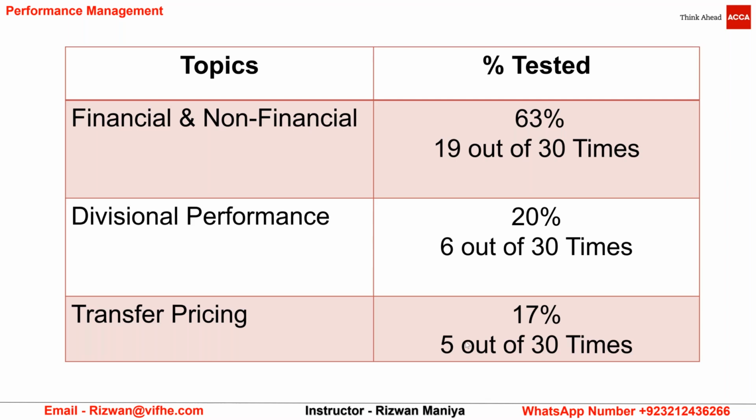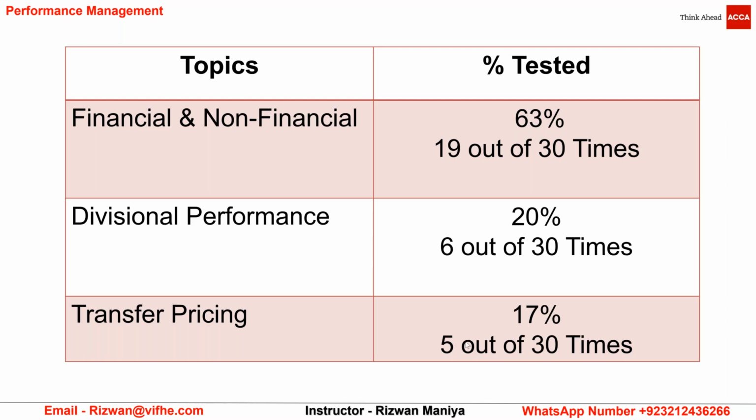Out of 30 times in total, 19 times financial and non-financial has been tested. Divisional performance came 6 times, which is 20%, and transfer pricing, which always surprises everybody, has been tested 17 times. So this analysis shows that there is a high chance of financial and non-financial coming in your paper.